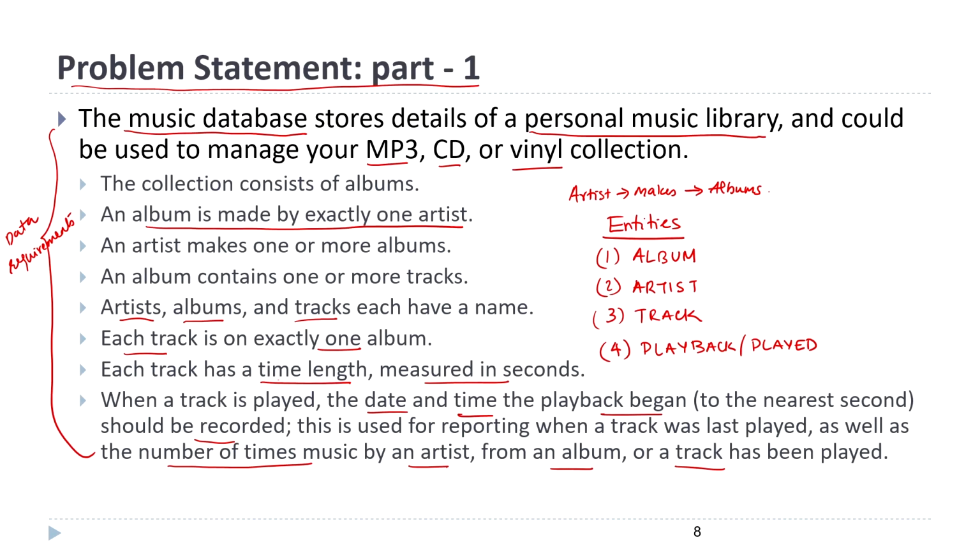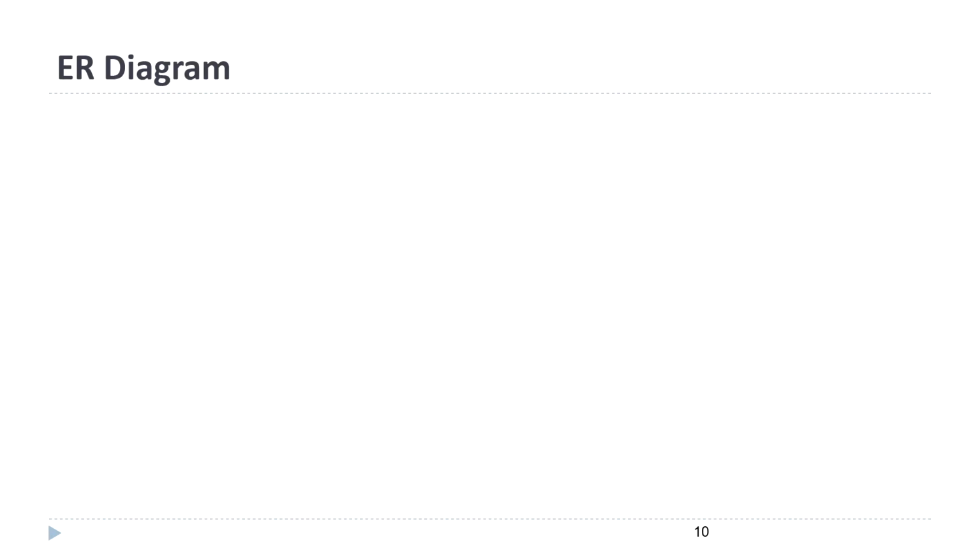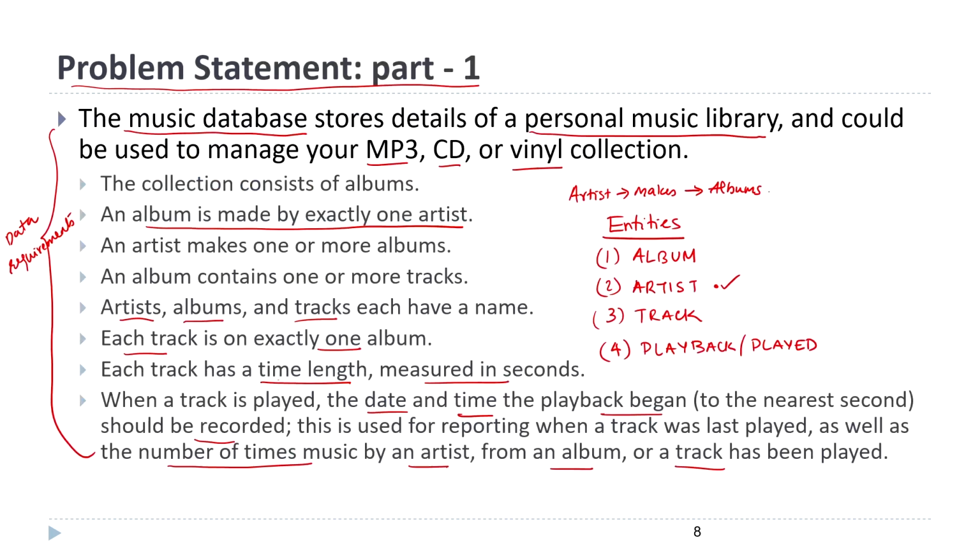So, let us start with the entity that we identified first. There is an album and an artist. Usually when I start, it is easy for me to start with the human. So, in this we will start with the artist. Artist is an entity, so I am going to draw a rectangle and write artist.